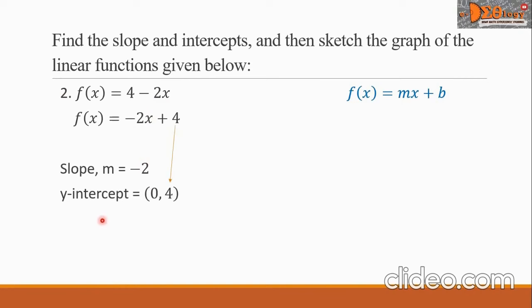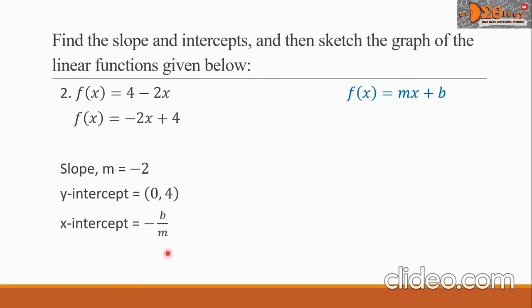Next is the y-intercept with coordinates 0, 4. You can see I copy directly the constant in the function, and it is written here. Next is the x-intercept. We will follow the formula negative b over m.